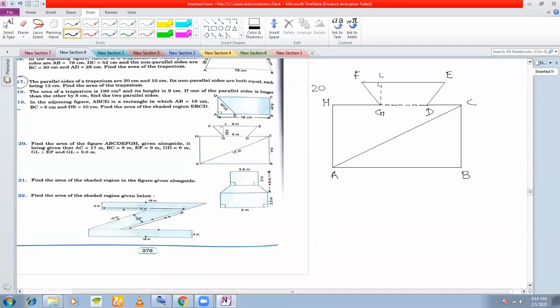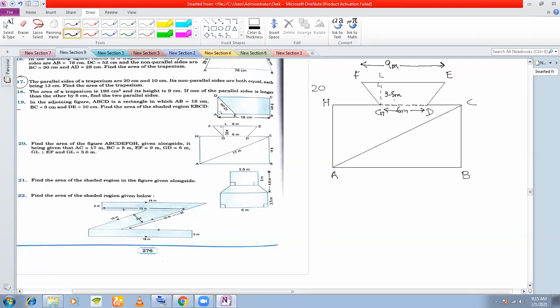The lengths that are given to you here are 9 meters. So this entire length here is given to be 9 meters. EF is given to be 9 meters. GL, that means the dotted line, is perpendicular, and this length is given to you as 3.5 meters. This length here is given to you as 6 meters.